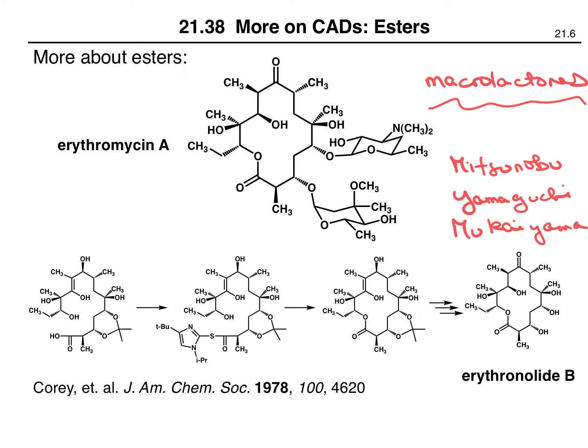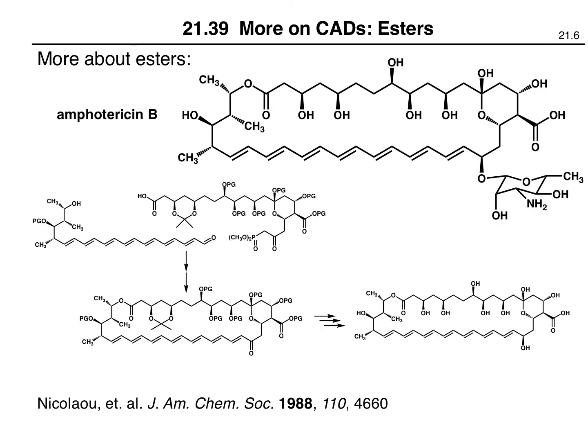Now this is converted in several additional steps to give this compound, erythronolide B, which has been used as an antibiotic for decades. Here's another important natural product called amphotericin.